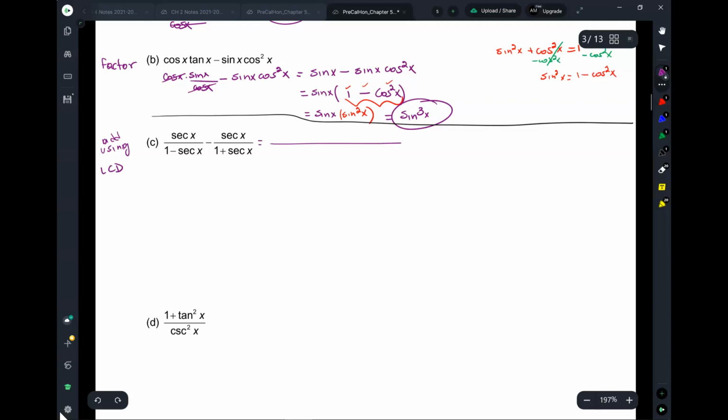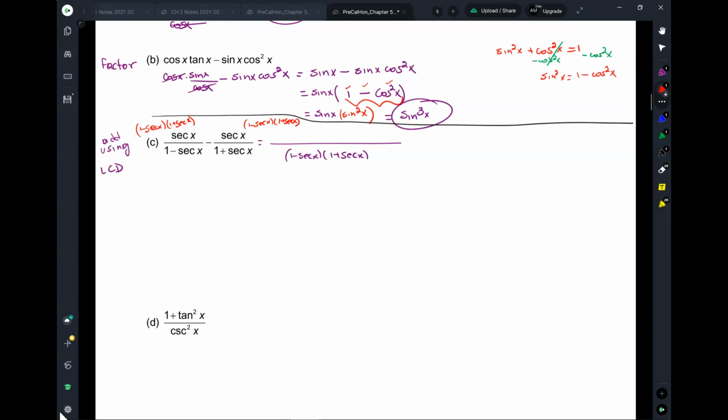The common denominator is going to be 1 minus secant x, 1 plus secant x. So the way to add these is you multiply each term by the whole LCD. So 1 minus secant x, 1 plus secant x.